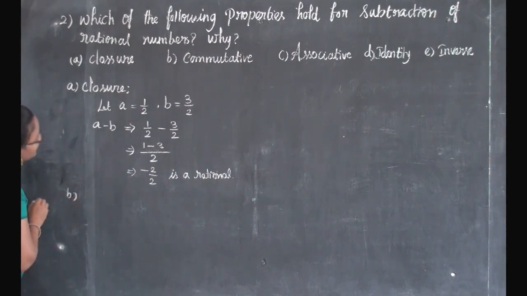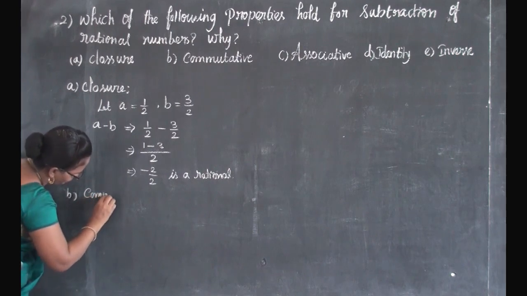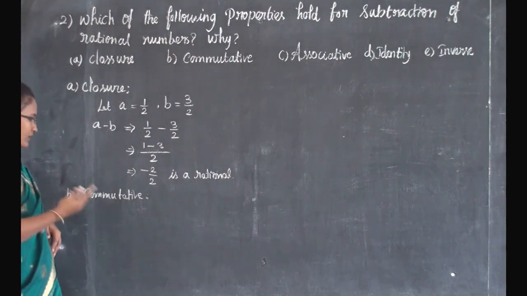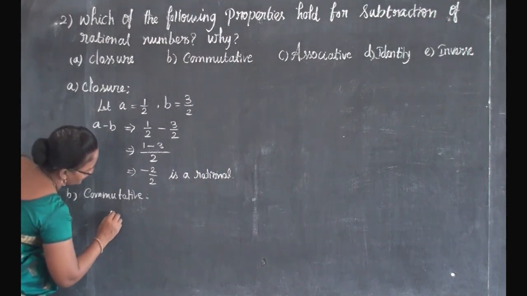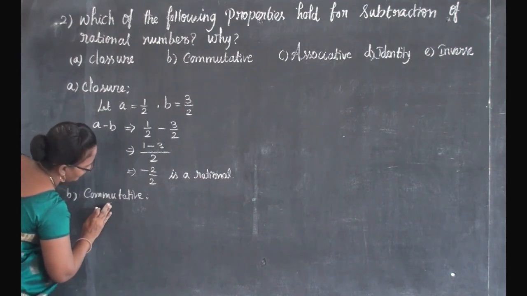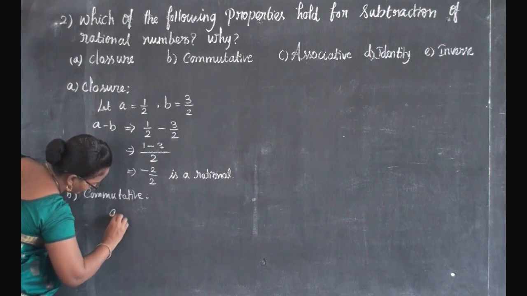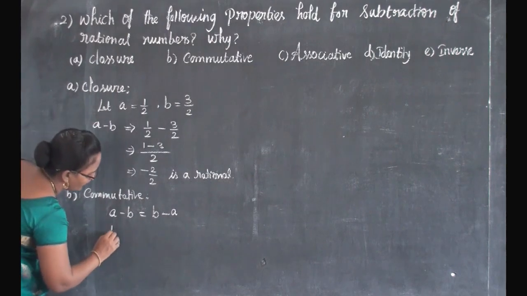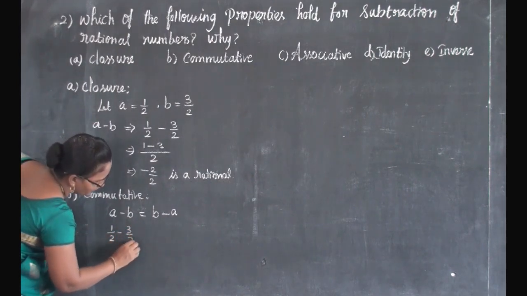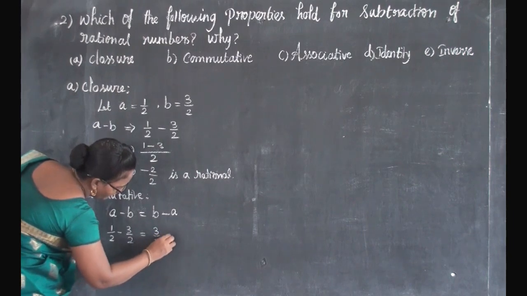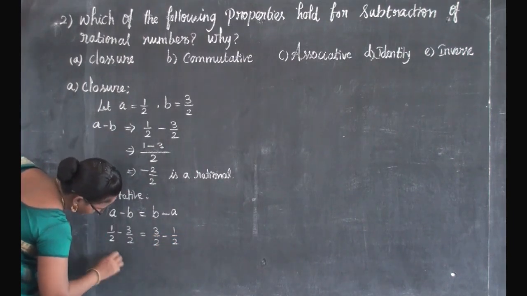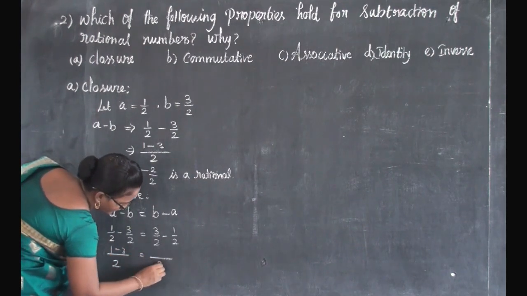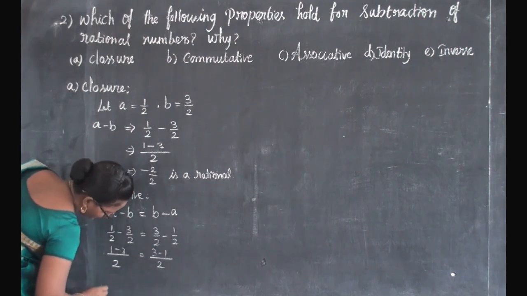Next one, B, commutative. What is commutative? A - B is equal to B - A. Let A be the same number, B be the same number. 1/2 - 3/2 is equal to 3/2 - 1/2. Listen here. 1 - 3 over 2 is equal to 3 - 1 over 2.